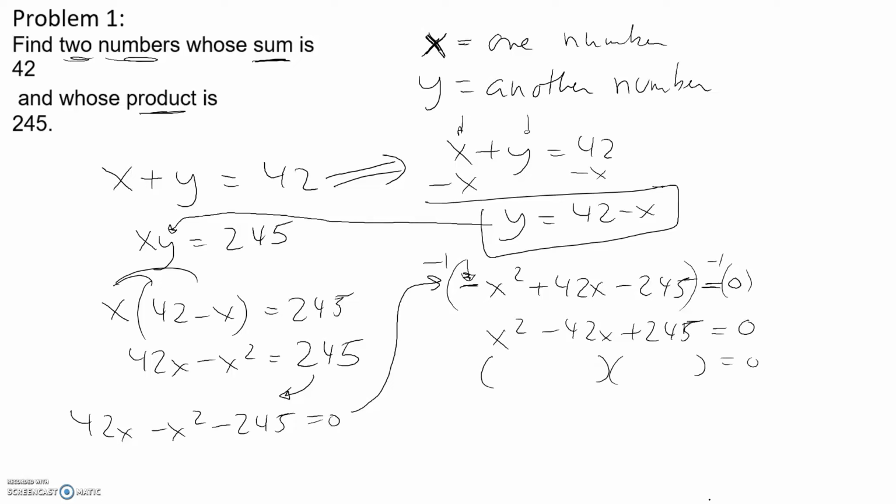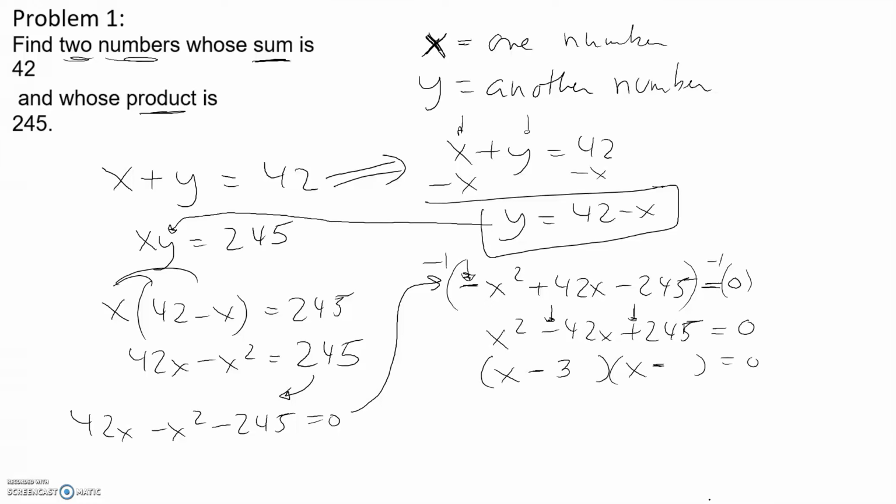A few little things here. First, the end product is positive, but the summation is negative 42. So we're going to say that both numbers have to be negative. So what two numbers multiply to give you a positive 245, but added together give you negative 42?